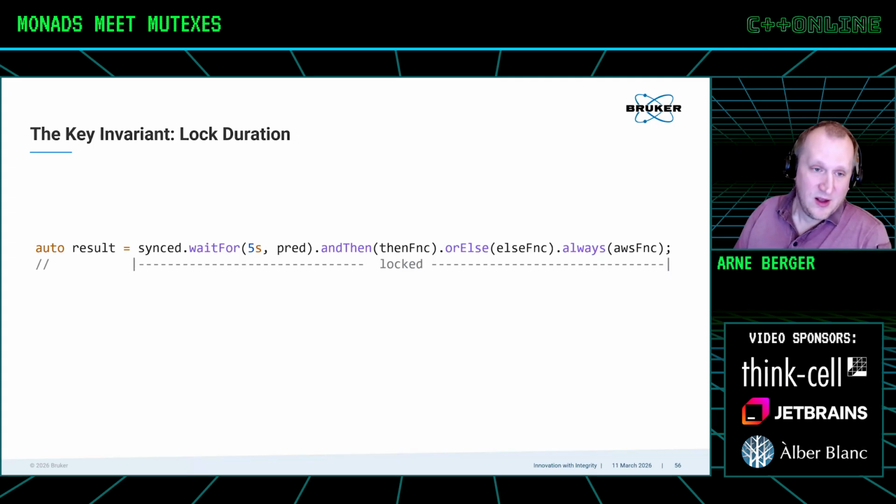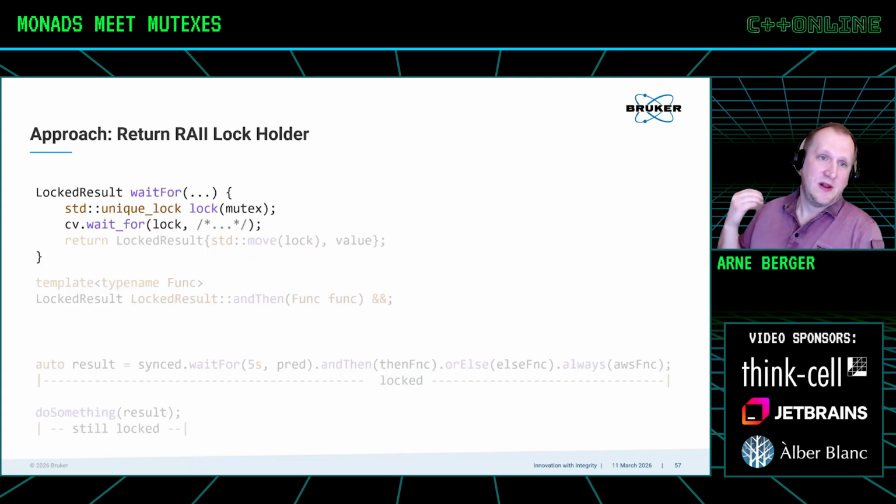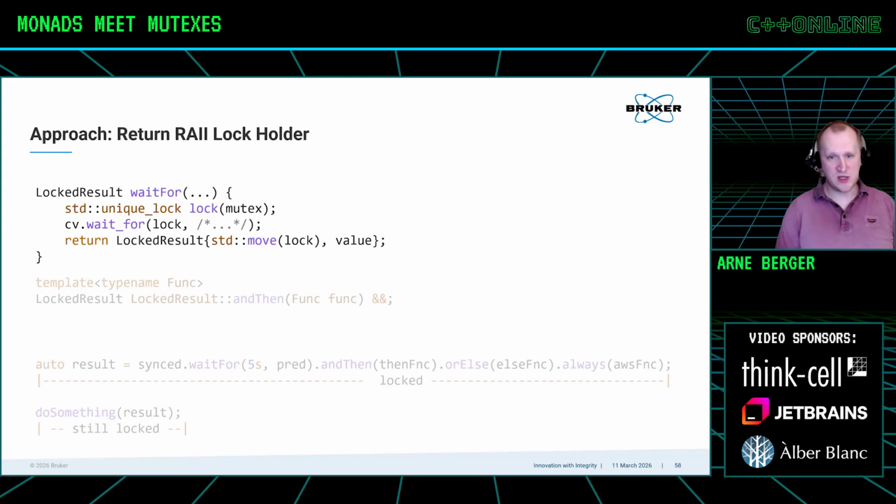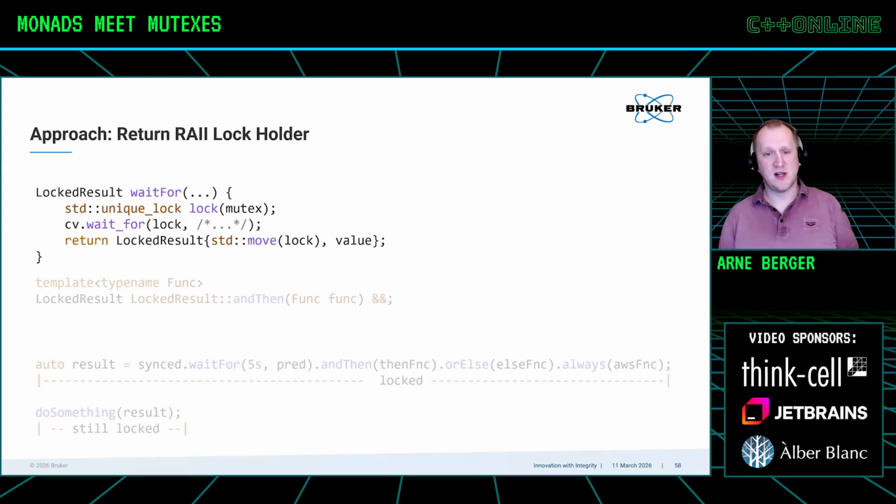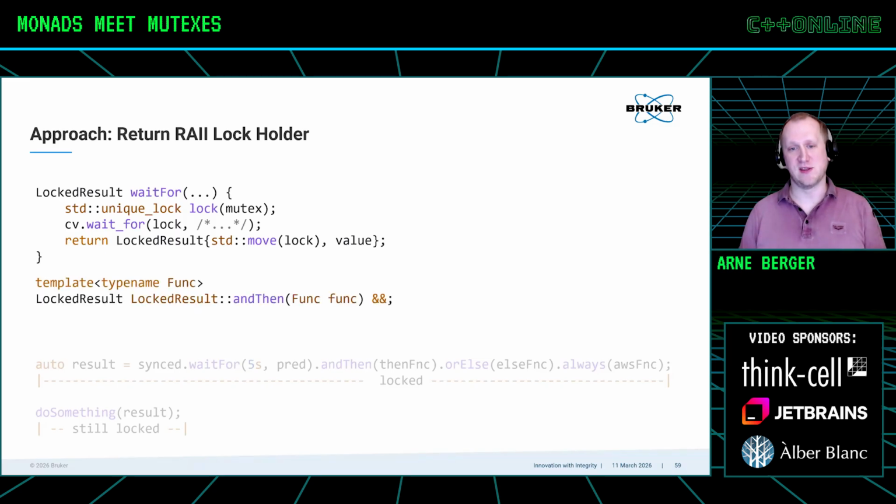And which didn't work is the typical RAII lock holder. So a class that I return here in the waitFor at the top, where I lock the mutex, then pass it to the condition variable. And if it returns, I move the lock to another class. So I move the ownership to the locked result, and the locked result then offers functions like the andThen.